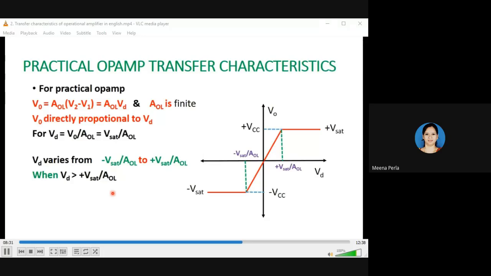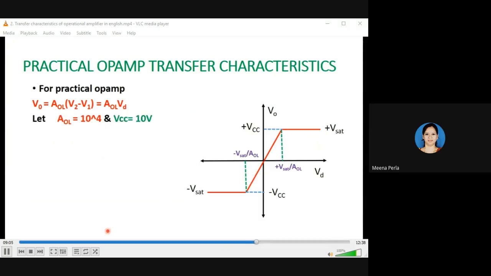Then if we increase the value of Vd beyond plus V saturation upon AOL, we get output voltage equal to plus V saturation only. So if Vd is greater than plus V saturation upon AOL, then V0 is equal to plus V saturation only. And when Vd is smaller than minus V saturation upon AOL, meaning we are increasing the Vd value beyond this minus V saturation upon AOL, then we get V0 equal to minus V saturation only.